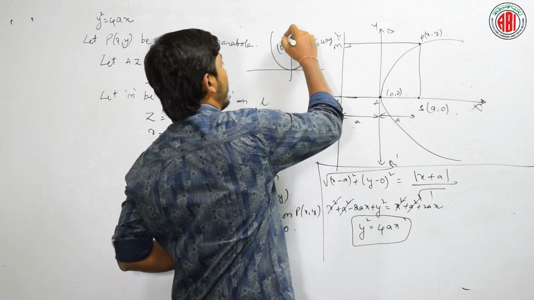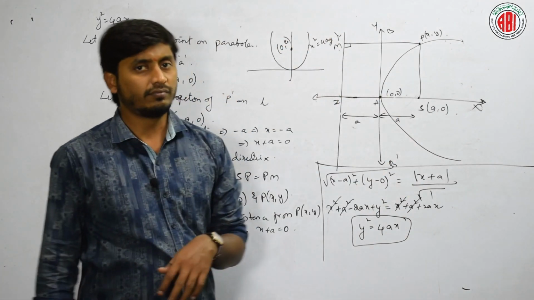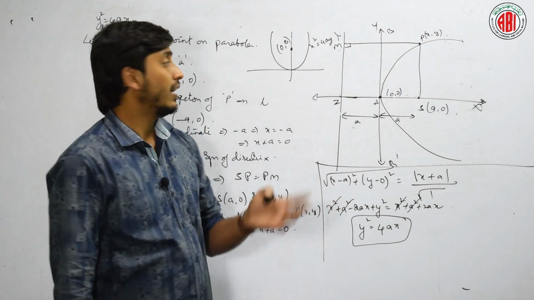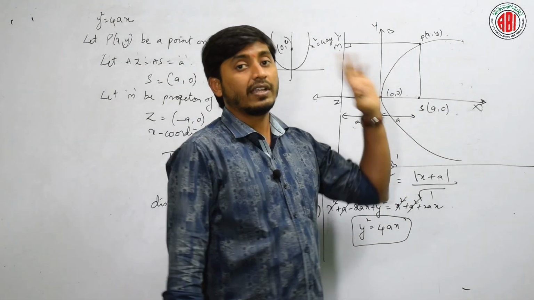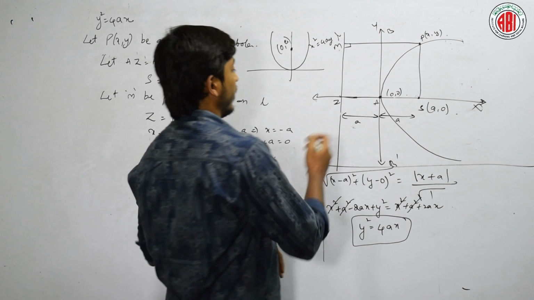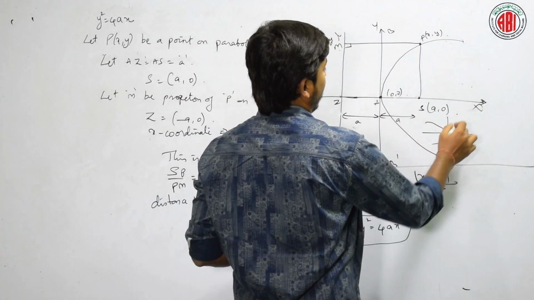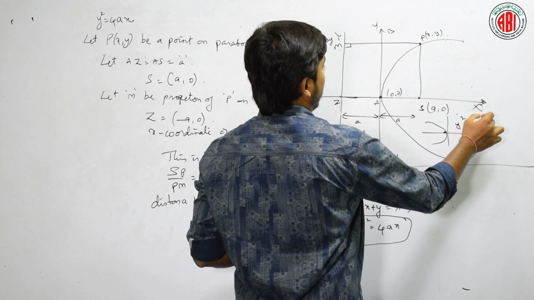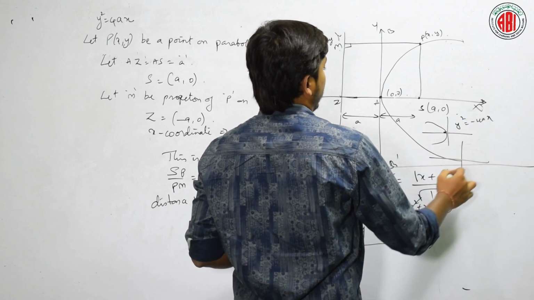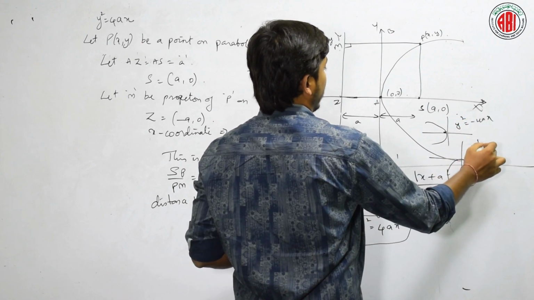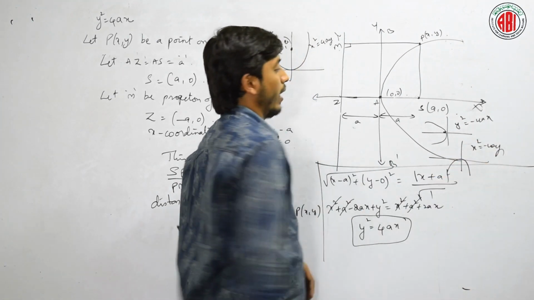This will be (0, a). Isn't it? Similarly, this is on the positive side. What if it is on the negative side? Let us say this is something like this. So, we can write y square equal to minus 4ax. If it is on the bottom side, we can write x square equal to minus 4ay.